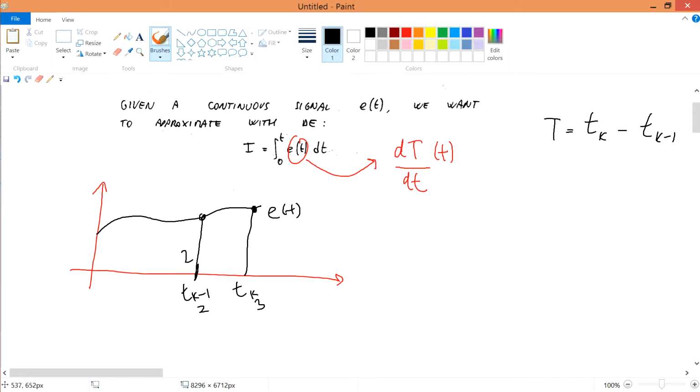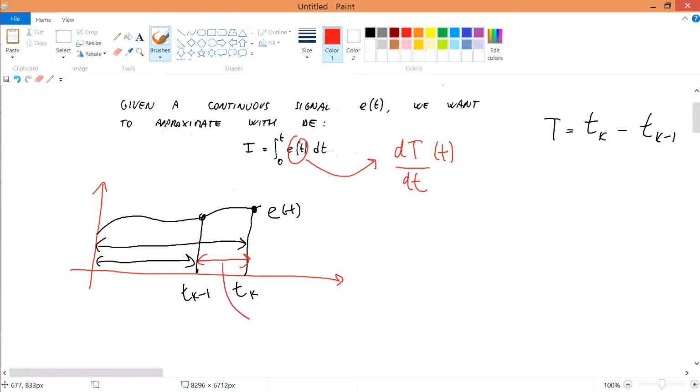So this point is 2, this is 3, then this is 1, then this is 0. So this is the time domain. I'm just trying to write in terms of this manner first. If I take tk minus tk minus 1, which is this length, what you're left with is the difference between them.